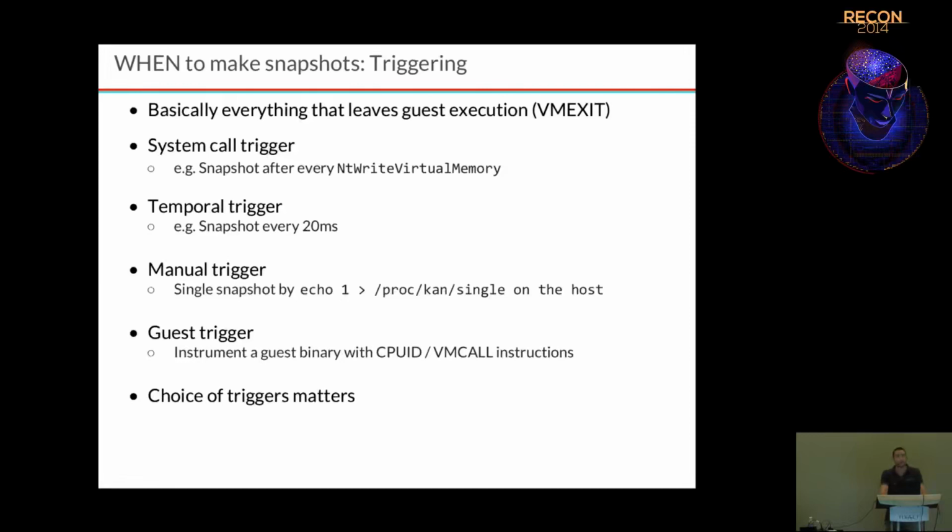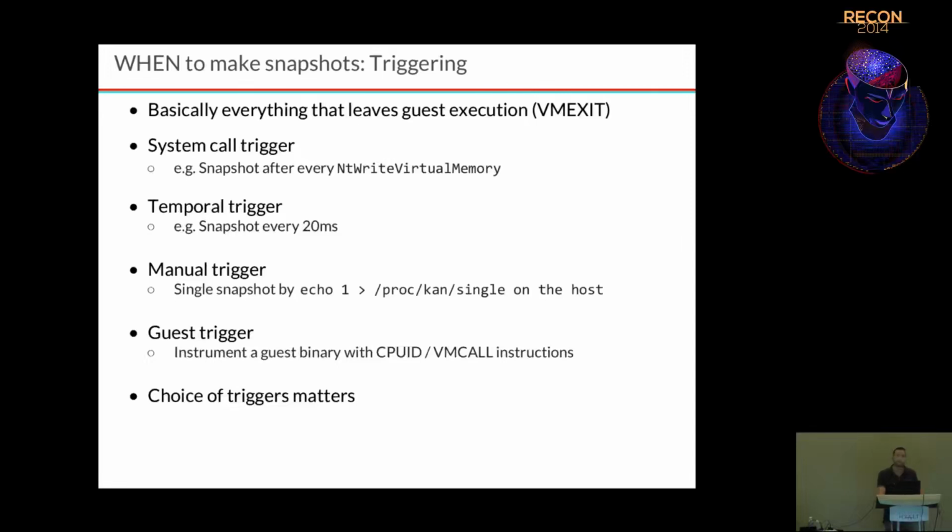Such pauses are called VM exits. So we can do snapshots whenever such a VM exit occurs. Of course, we can also trigger artificial VM exits with certain techniques. We will see one of them in the system call trigger. The system call trigger can be used to make snapshots whenever certain system calls occur. We will explain that also in a later slide.